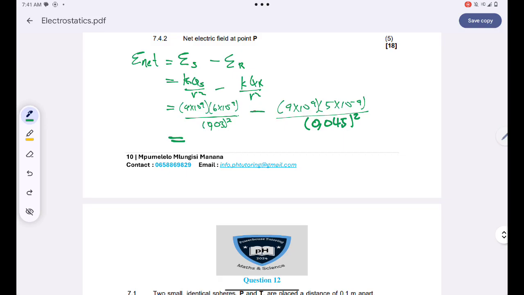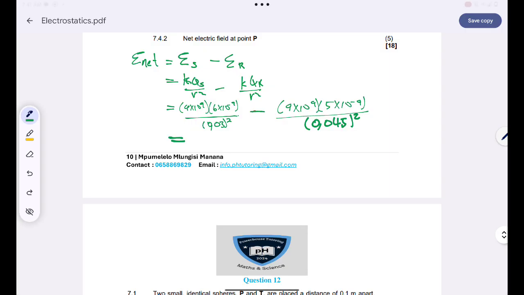That's 9 times 10 to the power 9 multiplied by 6 times 10 to the power negative 9 all over 0.03 squared, minus 9 times 10 to the power 9 multiplied by 5 times 10 to the power negative 9 all over 0.045 squared.